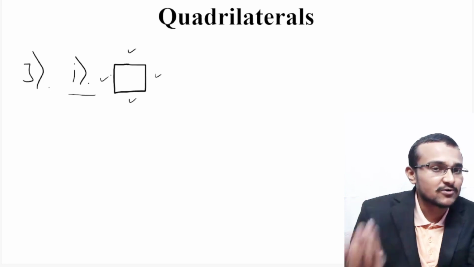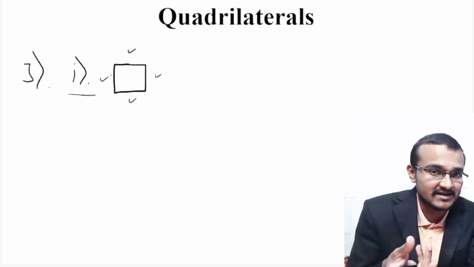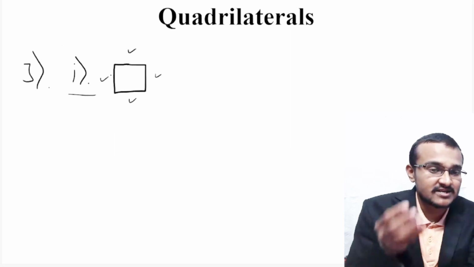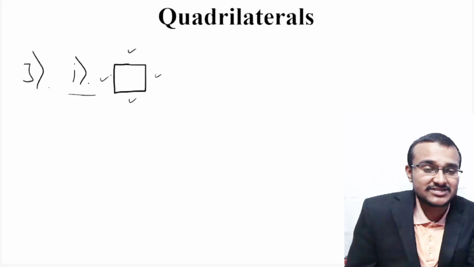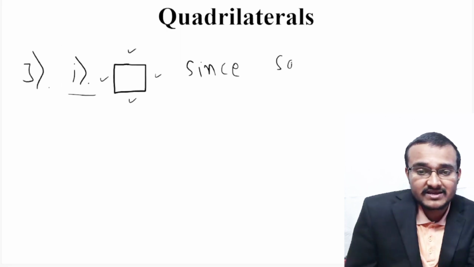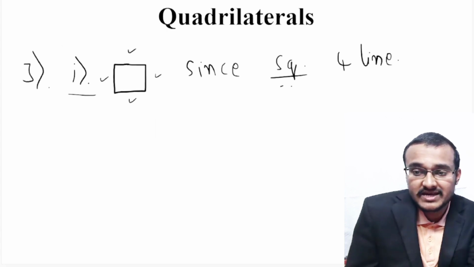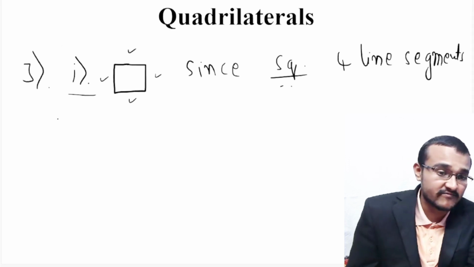So here a square can be a quadrilateral because this particular polygon has four sides in it. So here you should explain this in the first question. Since a square has four line segments, hence it can be a quadrilateral. So this can be your explanation for the first question.